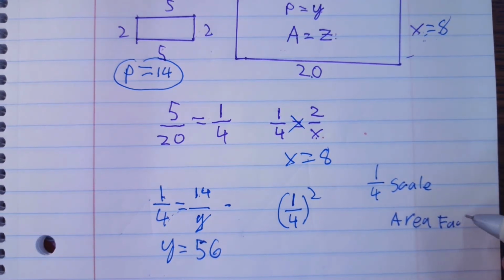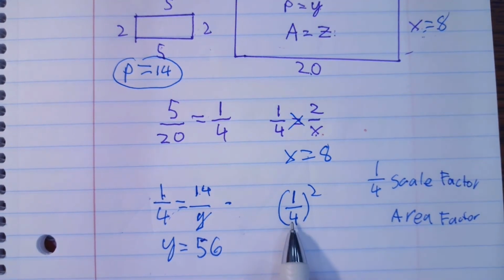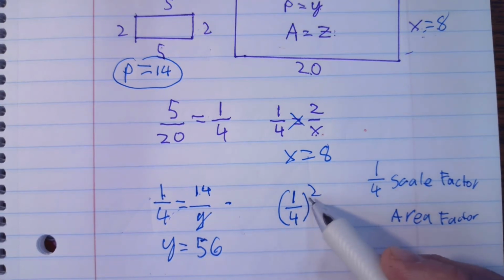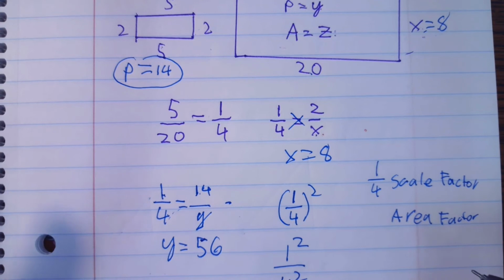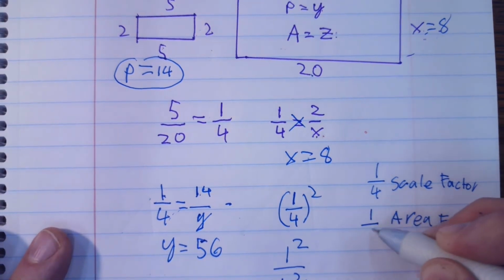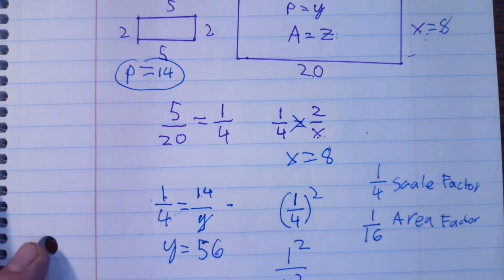That's not what it's really called, but that's what I like to call it because it just makes a pattern. So, do we remember how to square a fraction? What you do with the parentheses is basically do 1 squared over 4 squared. So 1 squared is 1, and 4 squared is 16. This is my area factor.